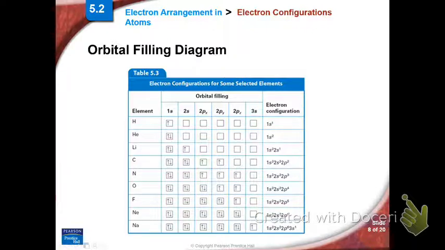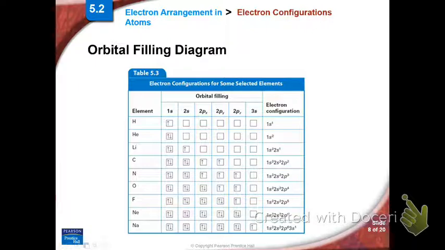Lithium has 3 electrons, atomic number 3. Notice that we fill up clockwise, counterclockwise, and energy level 1 first before we add that 3rd electron in energy level 2. Let's look down here at oxygen.